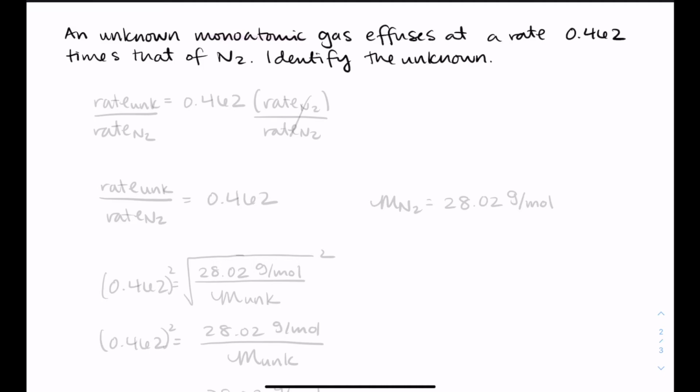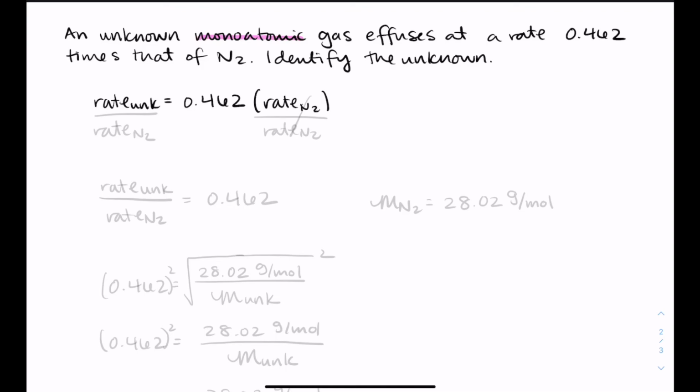You can maybe come up with this faster than I did, but I started by writing the rate of the unknown is equal to 0.462 times the rate of N2, which is exactly what the sentence said. Now, in that form it won't go into my equation, but if I divide both sides by the rate of N2, then the rate of my unknown over the rate of N2 is equal to 0.462.